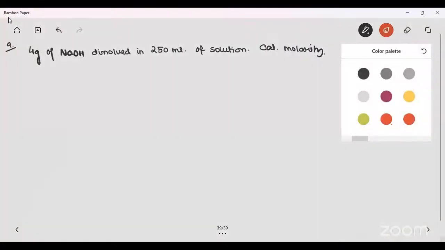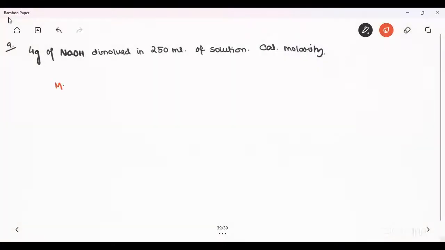So what is the formula? Molarity is the number of moles of solute divided by volume of solution in liter.